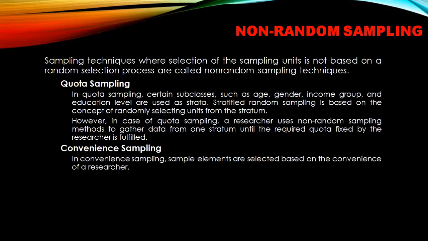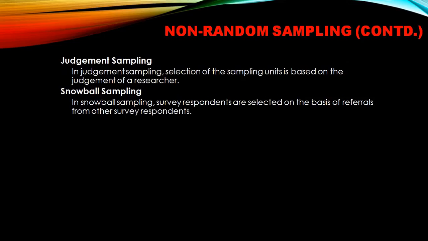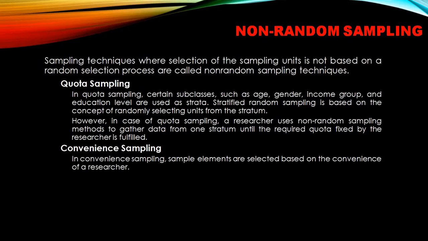Okay, now non-random sampling. In non-random sampling, I have majorly around 4 types, that is quota sampling, convenience sampling, judgment sampling, and snowball sampling. We'll discuss one at a time. Quota sampling: in certain cases, let us say age or gender or income group or education level are used as a strata.